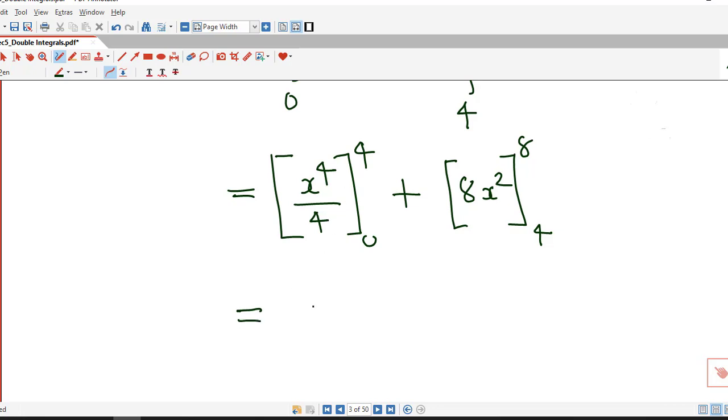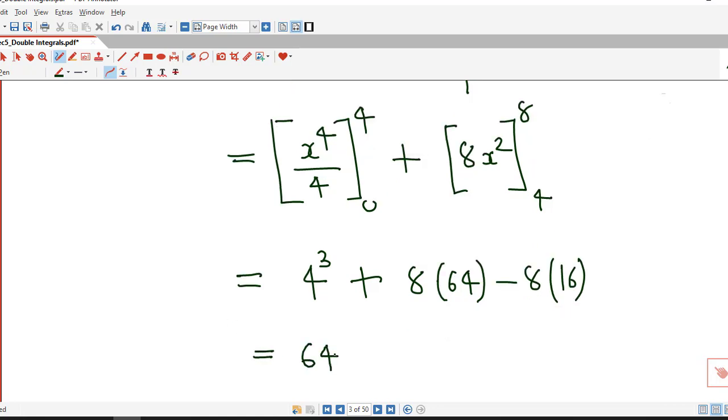For x equal to 4, we will have 4 raised to 4 divided by 4, that is 4 cubed, minus 0. And here, 8 into 8 squared, that is 64, minus 8 into 4 squared, that is 16.